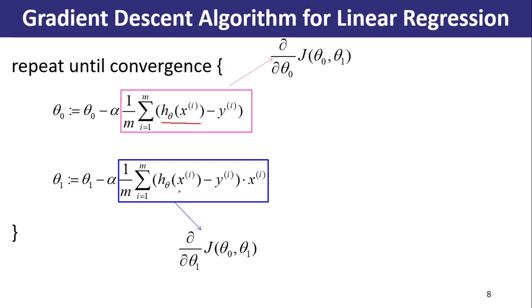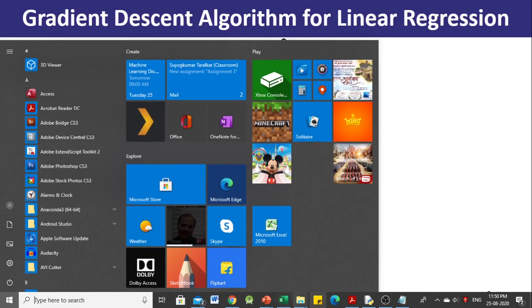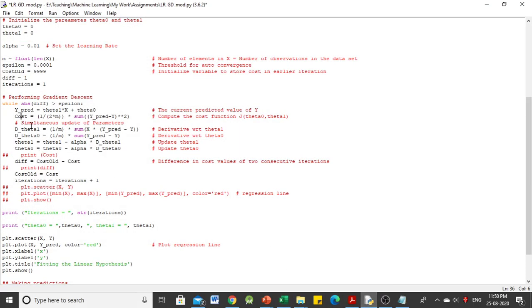Okay, so summation of prediction minus actual into x. The same thing we have written in the code: 1 divided by n into sum of x into y prediction minus y.